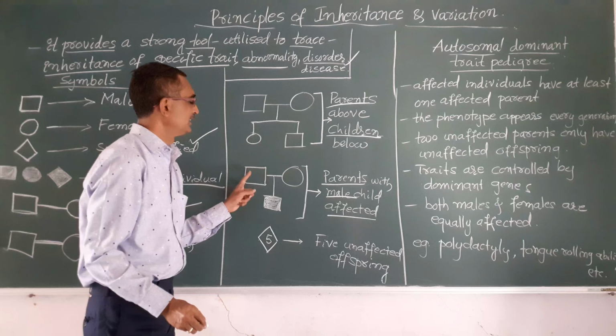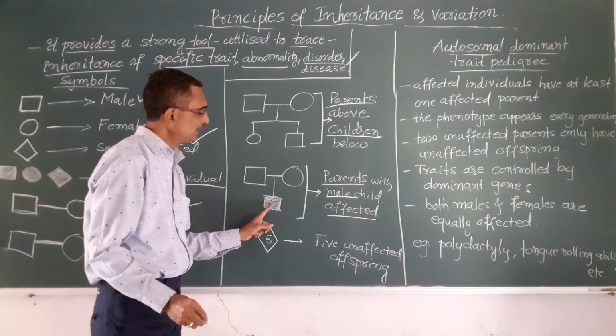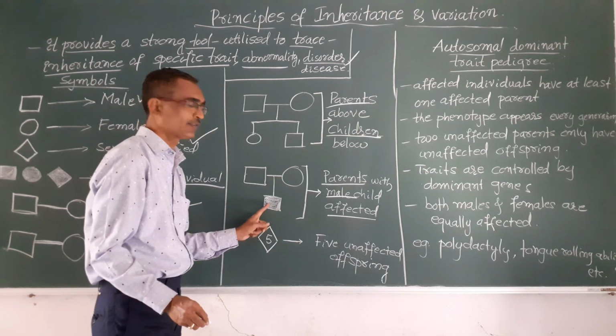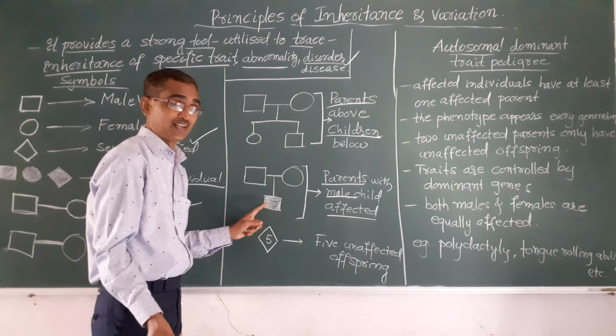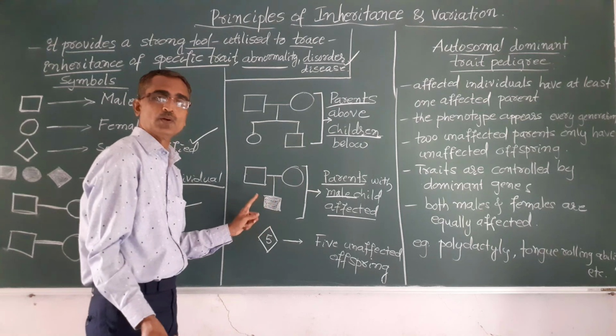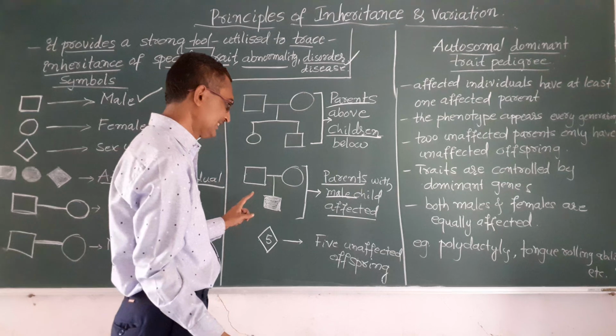The square is male and the darkening means affected. So this denotes parents with a male affected child.